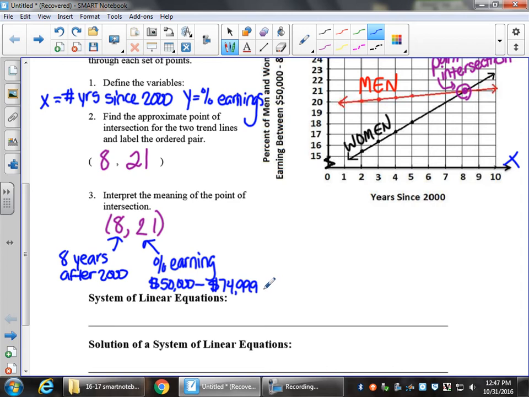If we were to write this as a sentence, now that I have an idea of what's what, well, I know 8 years after 2000 is 2008.